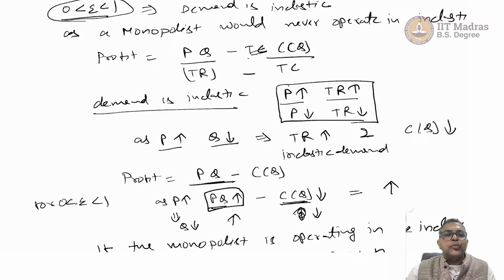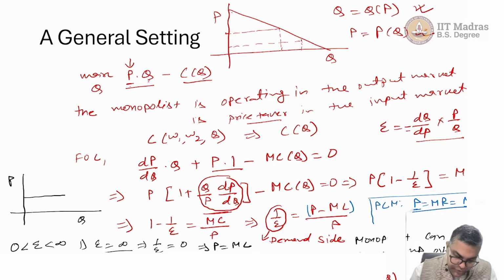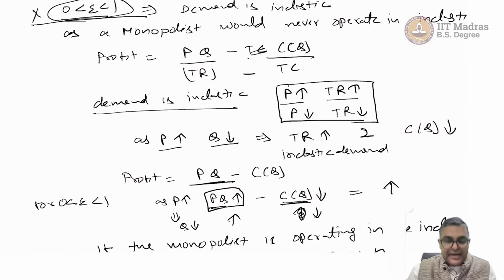So a monopolist can never maximize, will never reach the point where it is maximizing the profit if it is in the inelastic zone. Therefore, we don't need to worry about this part. Optimization is always going to happen in this particular zone, which means that it is the elastic zone. So that should be clear to us, and therefore there would be a markup price.